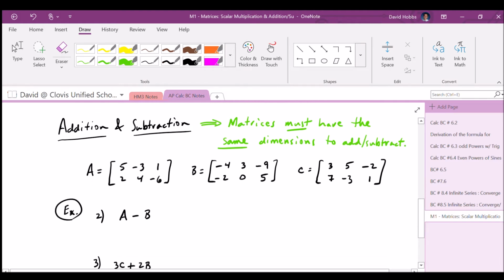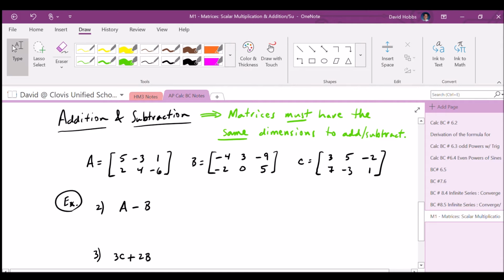We've got a bank of matrices here, A, B, and C, and for problem number 2, we're doing A minus B. They're both 2 by 3 matrices, so I'm going to have a 2 by 3 resultant matrix.